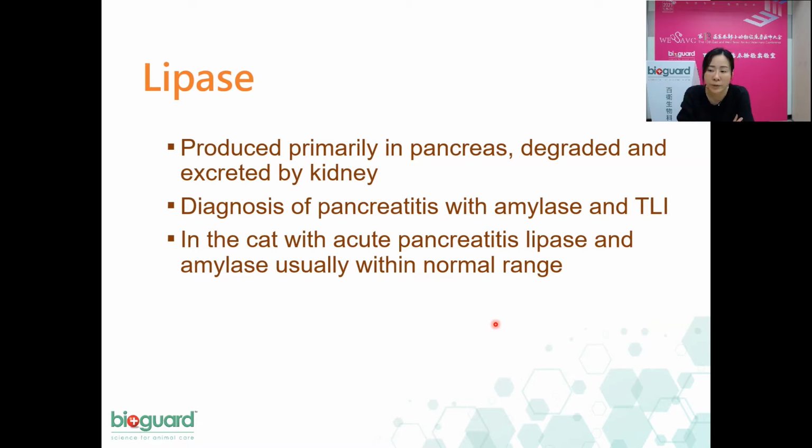However, we still face the same problem as with amylase: some dogs and cats, even if they are finally diagnosed with pancreatitis, may have a normal lipase or amylase level. So maybe we need to do some more tests, like trypsin-like immunoreactivity or pancreatic lipase immunoreactivity, something we will introduce later to help us to do the final diagnosis.